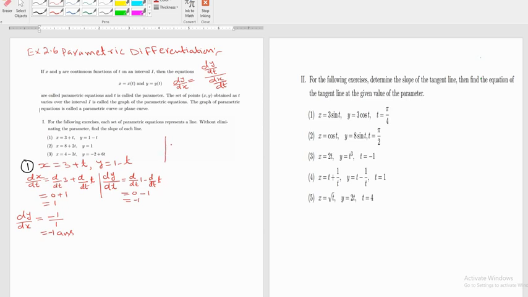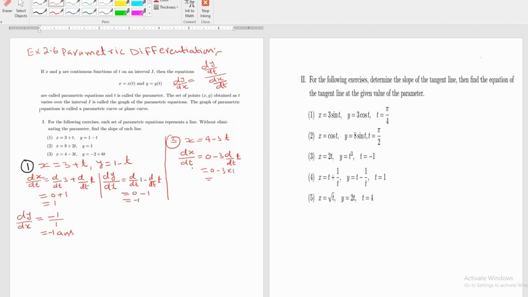So I'm going to solve question number 3. What is dy/dx? That means slope. For getting the slope, x is equal to 4 minus 3t, so differentiate this. dx/dt is equal to the derivative of the constant, 0, minus 3 d/dt of t, and d/dt of t is 1.